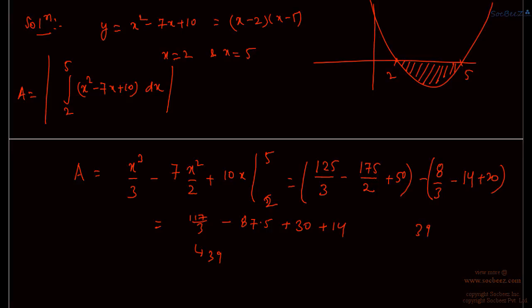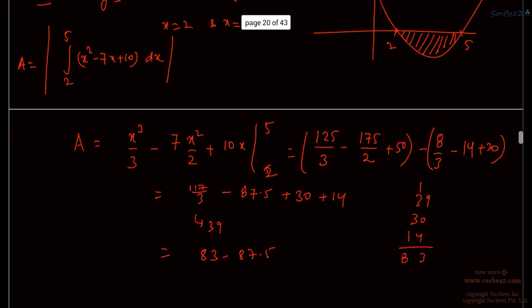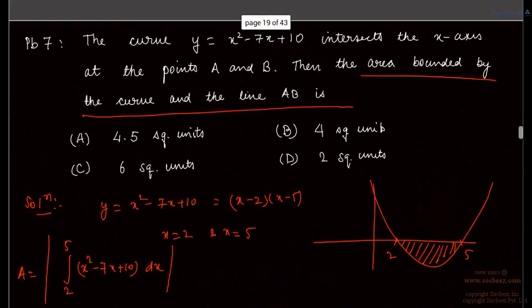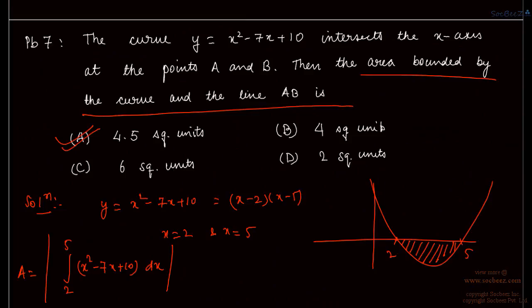So 39 plus 30 plus 14 is 83. So we have 83 minus 87.5. And area is of course the modulus of this value, which is equal to 4.5 square units, right? So from here we have option A as the correct one, right?